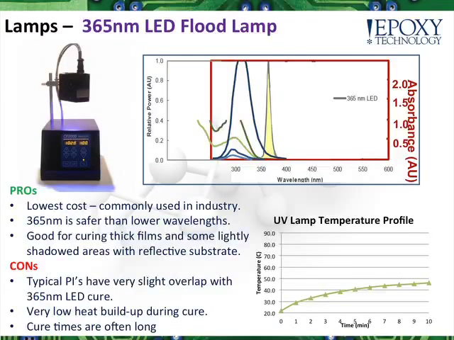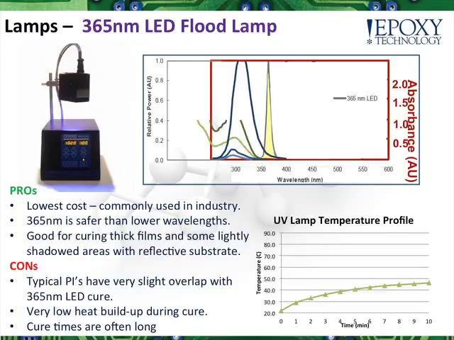And onto one of the most common lamps we see, the 365 LED flood lamp. They're low cost. The 365 nanometer is a very safe UV wavelength. And they're great for curing thicker films because of that higher wavelength, that lower energy wavelength.